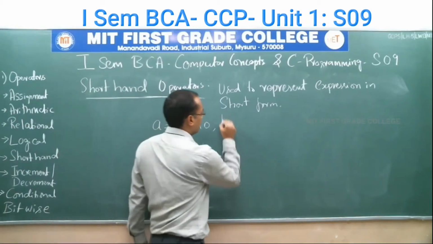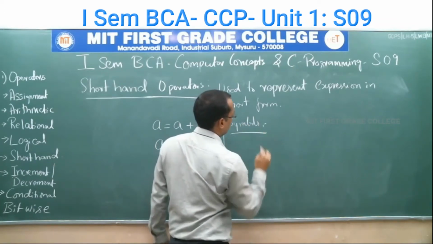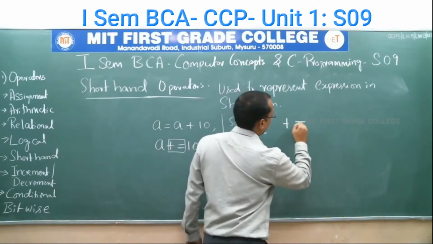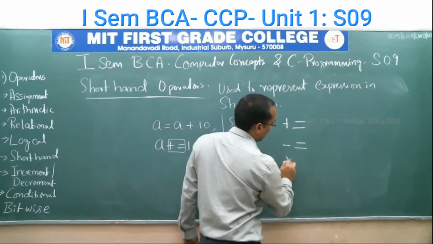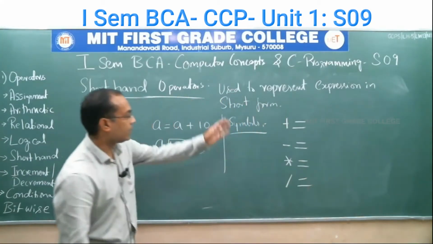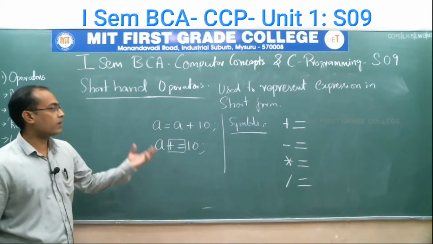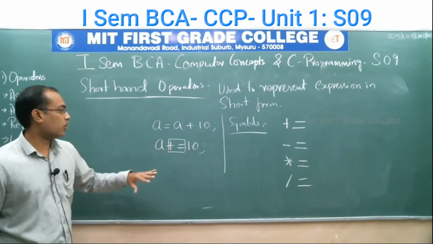So we have the symbols for this: plus equal to, minus equal to, star equal to, slash equal to. So like this we have different types of symbols to represent an expression in a shorter form.